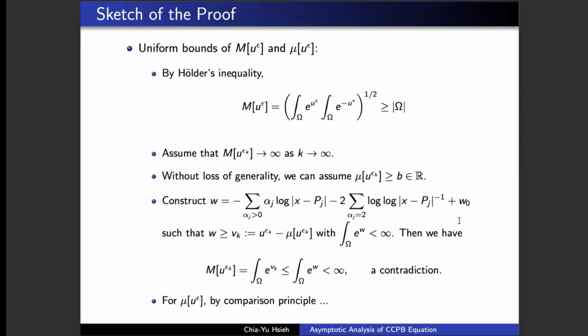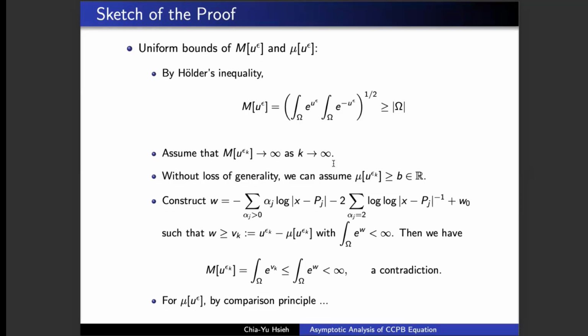And on the boundary, we can see that v equals u minus mu. That is, v has an upper bound because mu has a lower bound. So by choosing a constant w0 sufficiently large, we can eventually find this w can be greater than or equal to v on the whole domain.